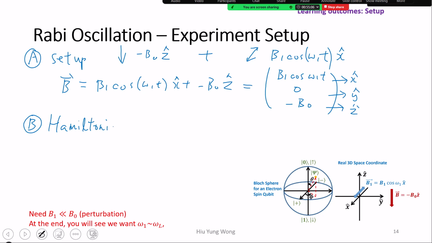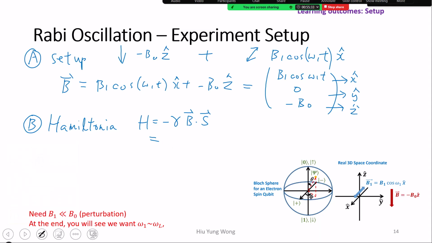I just showed you in the previous slide: H equals negative gamma B dot the spin magnetic moment operator. So I will just spell out negative gamma. We already know what it is.